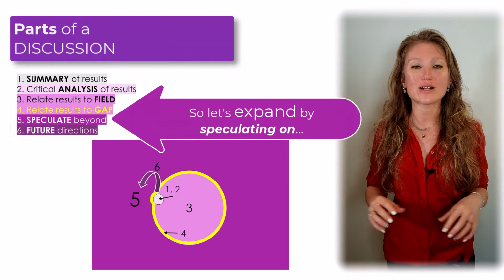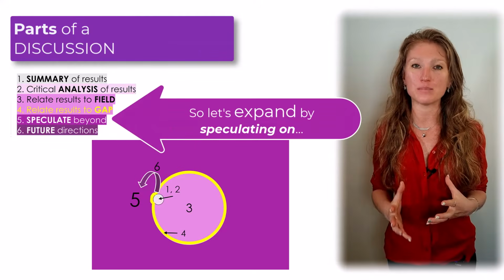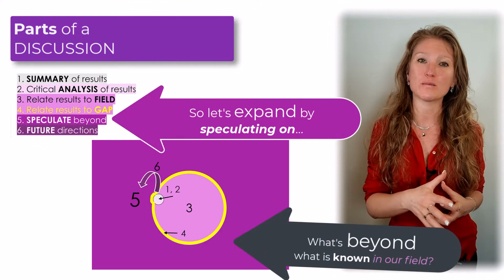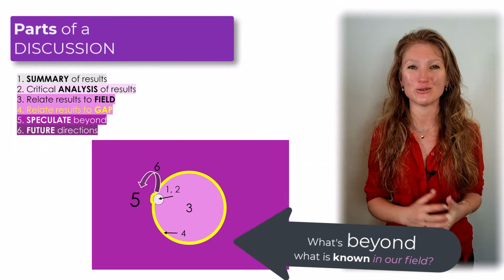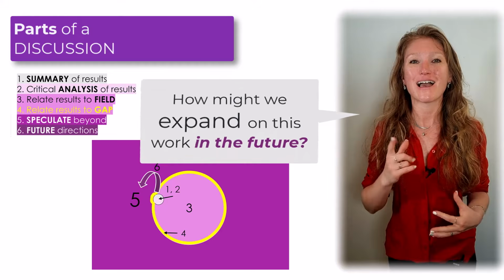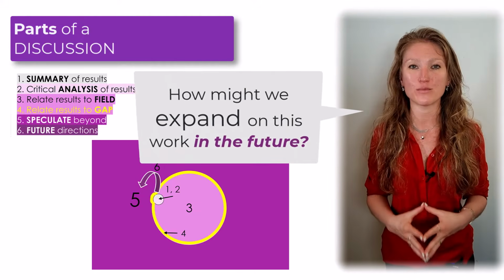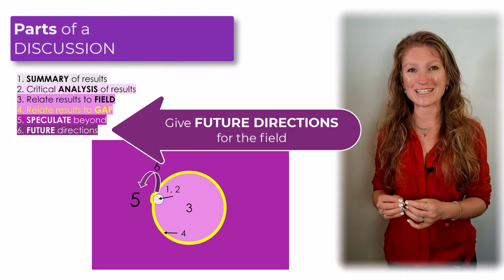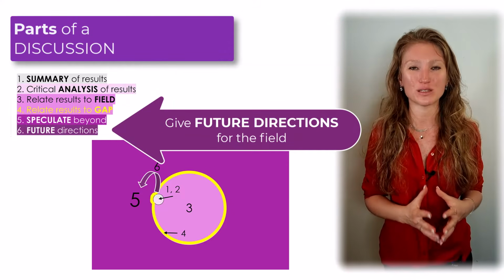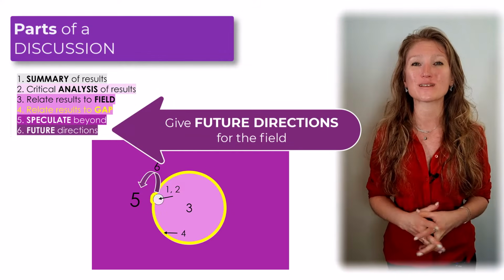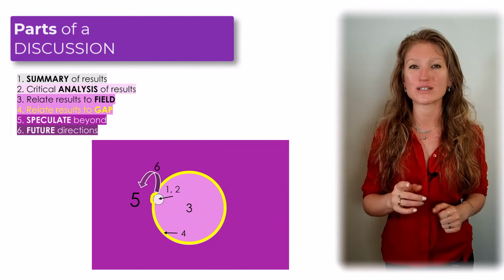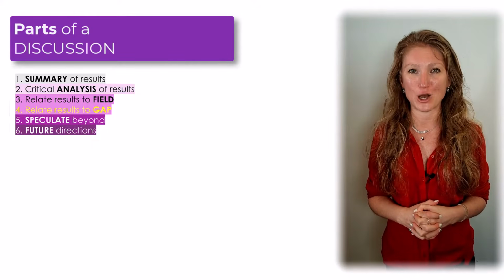So we're going to start speculating about what might be beyond our field, what we might be shedding a little bit of light onto now that our work exists. And then finally, we're going to give the reader a few ideas of how we may move the field from where it is now to where it could possibly be in the future, providing the reader with some future directions, part number 6, for where this work may go.